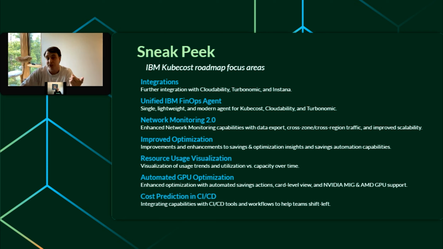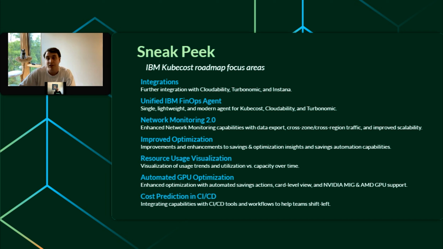I should also mention this new agent is going to be Prometheus-less. If you're running Kubecost today, our agent requires and will install Prometheus. We've heard a lot of feedback from customers that Prometheus can be big and heavy and difficult to manage. So the new agent is going to be Prometheus-less.